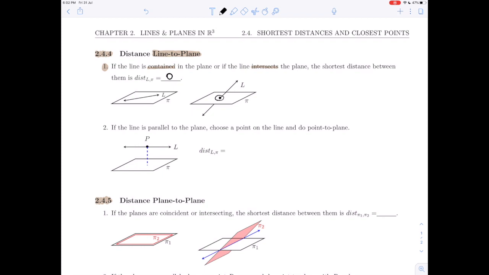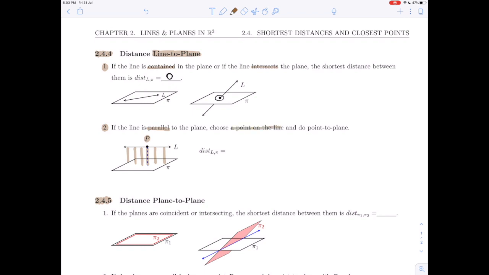The second and last thing that we need to think about for lines and planes is the situation where the line is parallel to the plane. Then there's a fixed distance anywhere along it that you go from the line to the plane. So all you need to do is choose any point on the line.